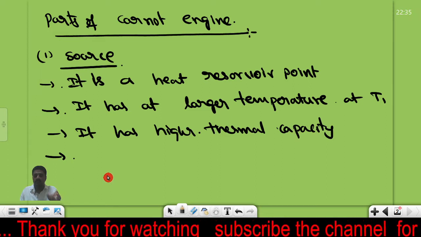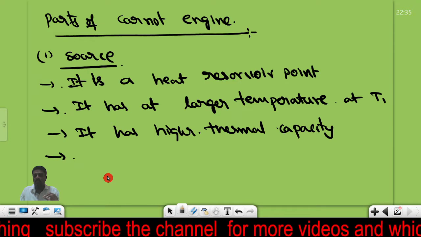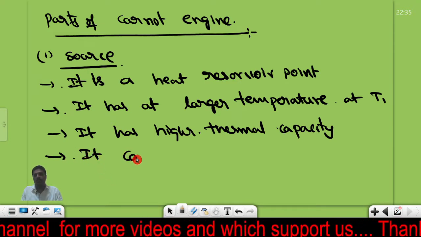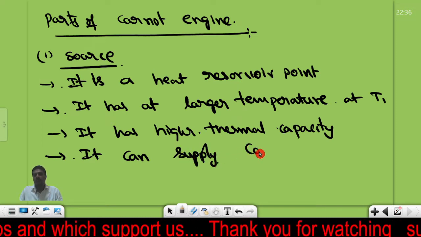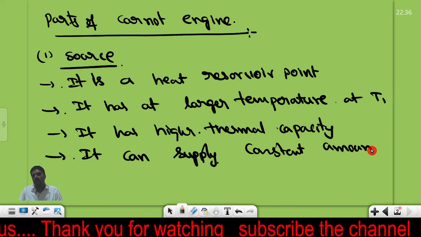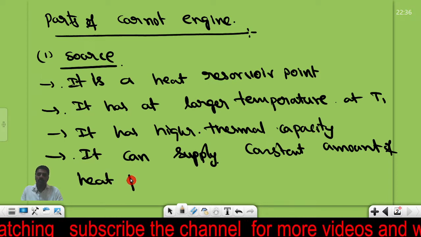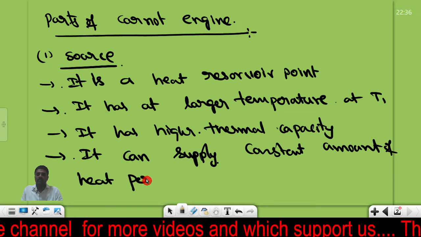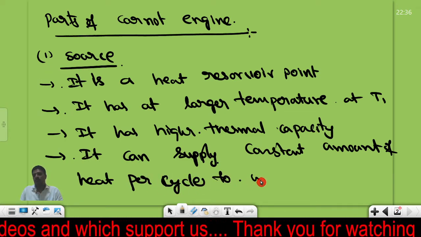That means if some amount of heat energy is taken from this part, there is no temperature change in this part, and it can supply a constant amount of heat per cycle to the working substance.